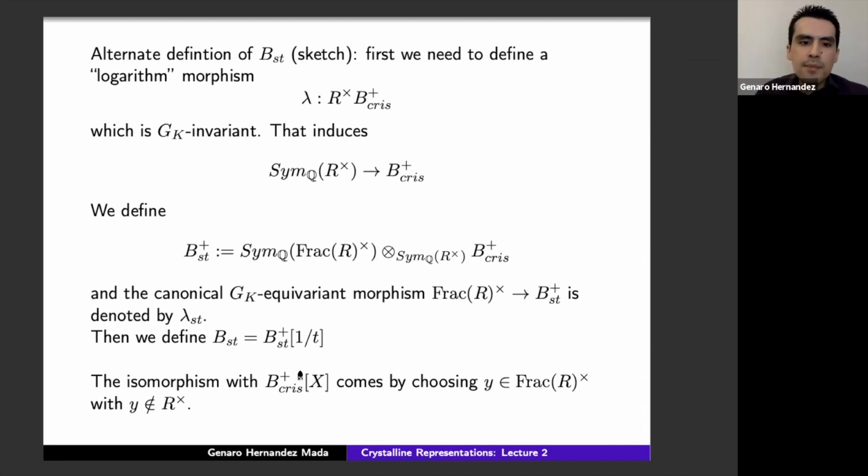And the isomorphism of B_st^+ with this comes by choosing an element here that is not here. So the choice of this element is what gives me the isomorphism. So it's not canonical. That's the point.